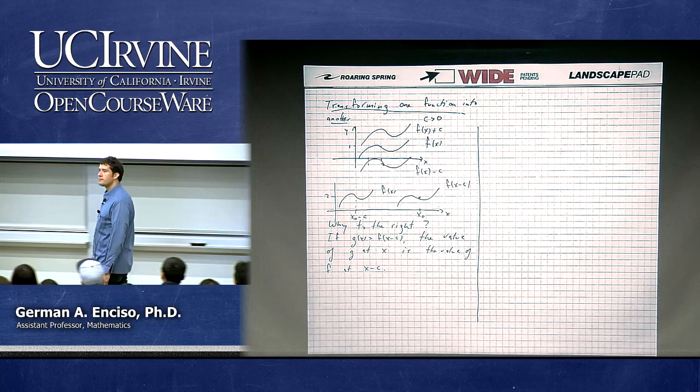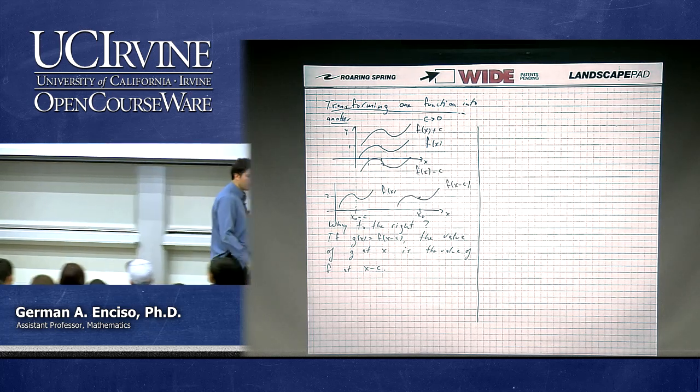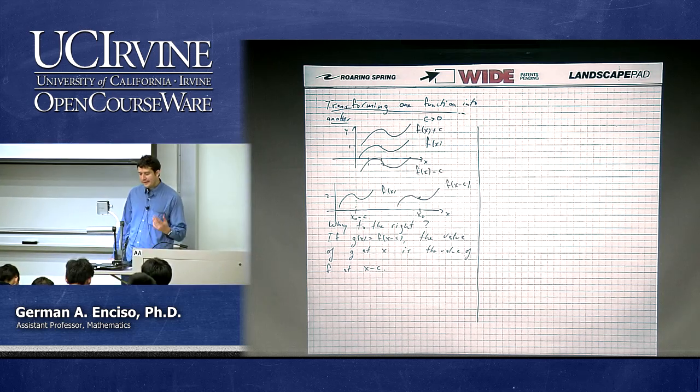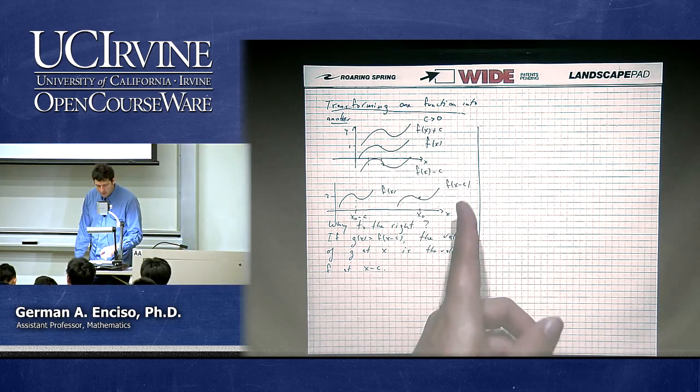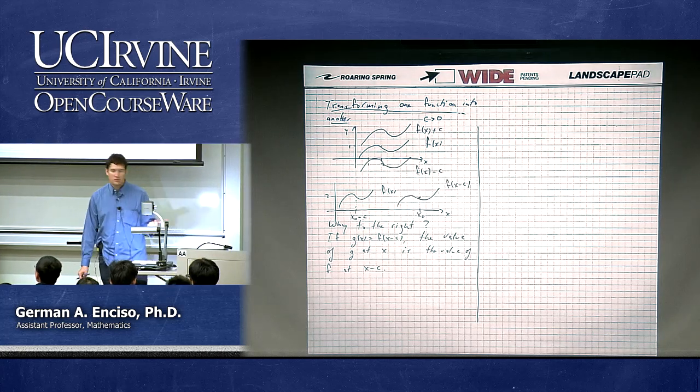That's what's going on. So if you do that with every single point, it gets overall shifted to the right. Similarly, if I wrote f of x plus c, it would also get shifted but to the left, not to the right, exactly.